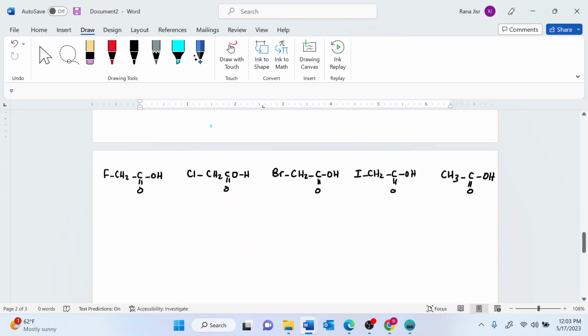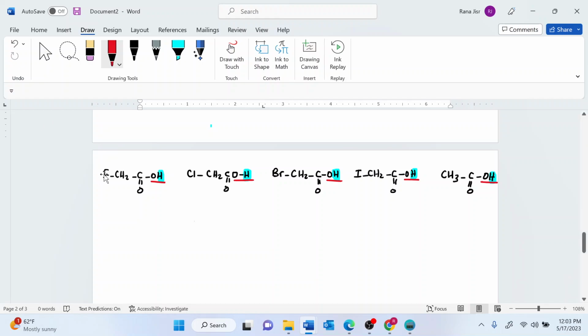Another example. In this example here, I'm comparing the acidity of different carboxylic acids. Now notice that all of these carboxylic acids are bonded to the same atom, which is the oxygen. So in this case, I need to apply the electronegativity rule and not the rule for the atoms that belong to the same group.